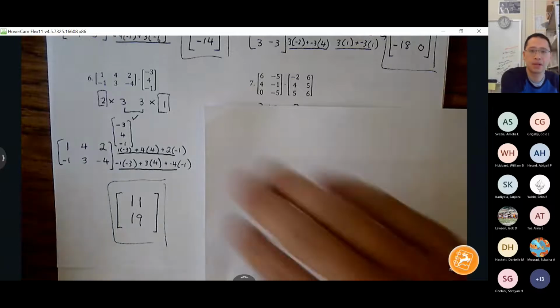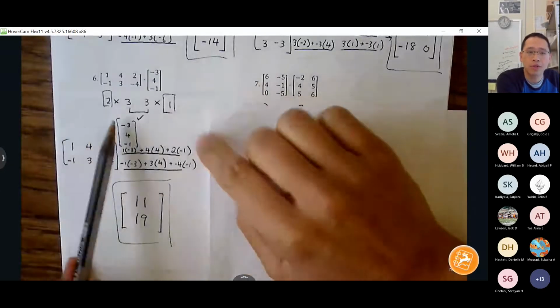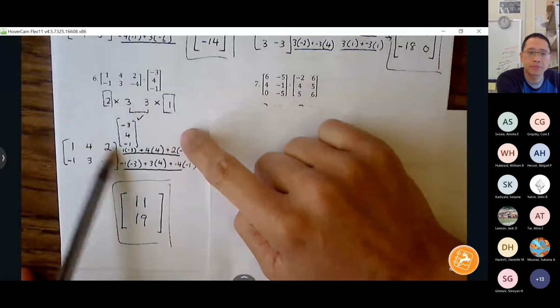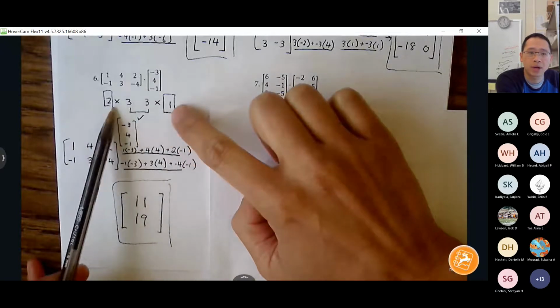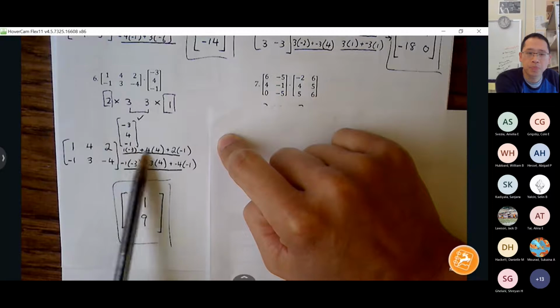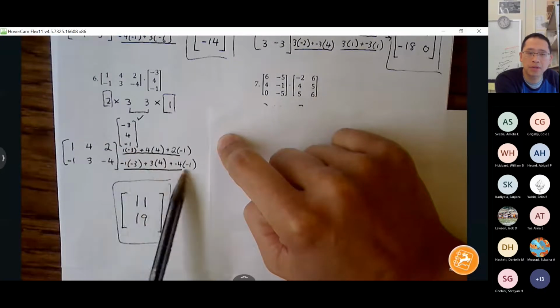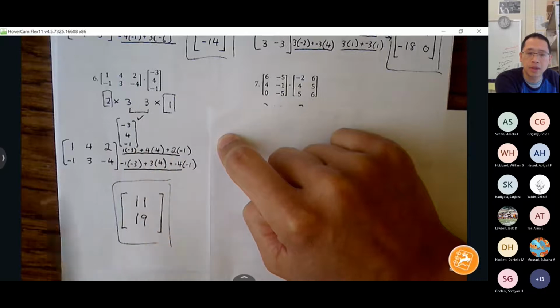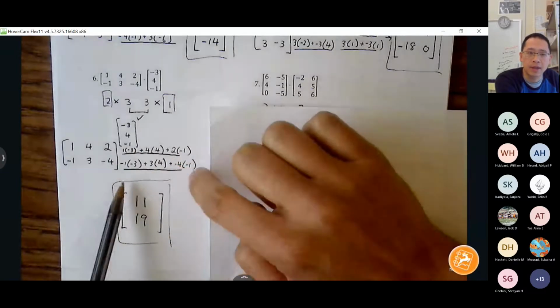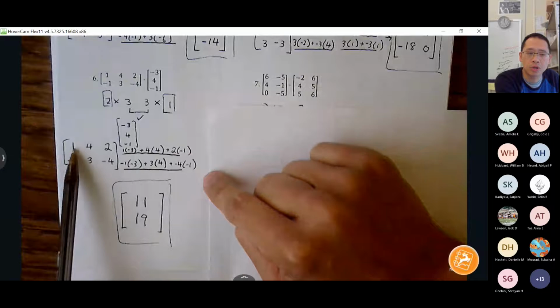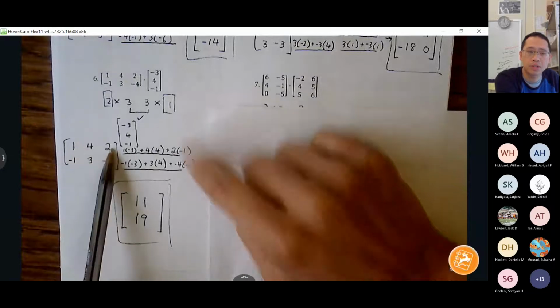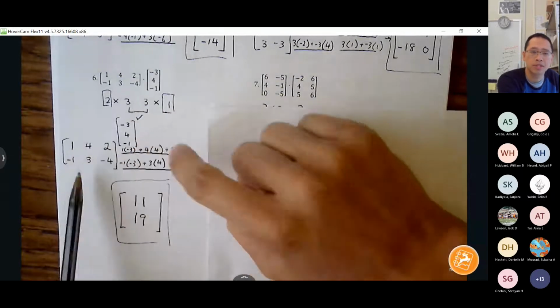Yeah, number 6. So we have a 2 by 3 and a 3 by 1. Okay. We know we're going to end up with a 2 by 1. I use that line here to show the matrices that are in play. Now, to fill in the spaces, we're going to go from left to right on the first matrix and top to bottom on the second matrix.